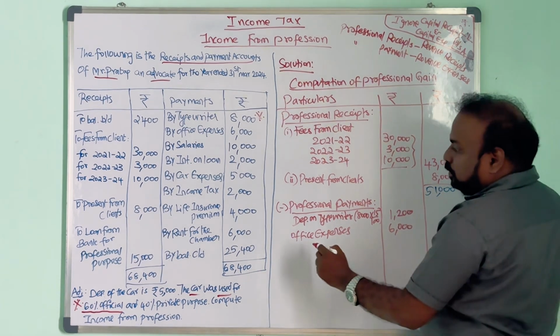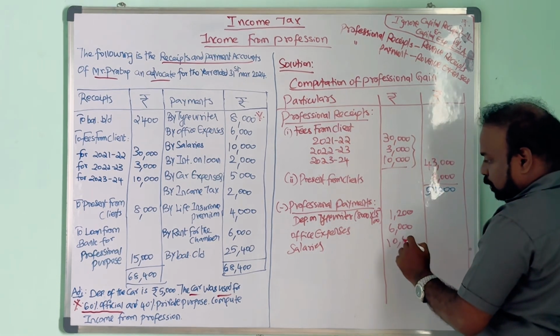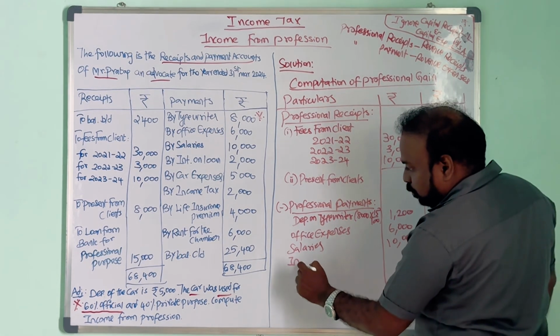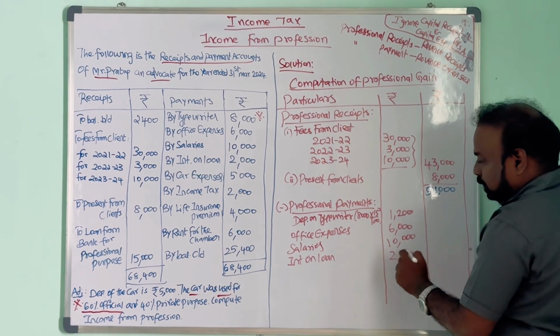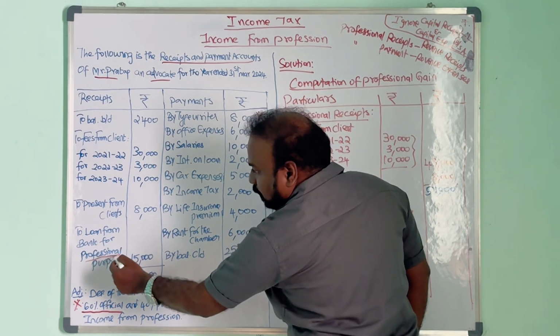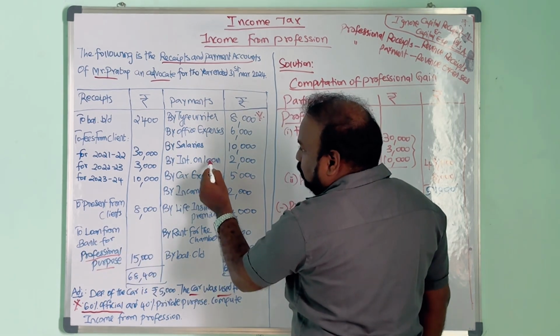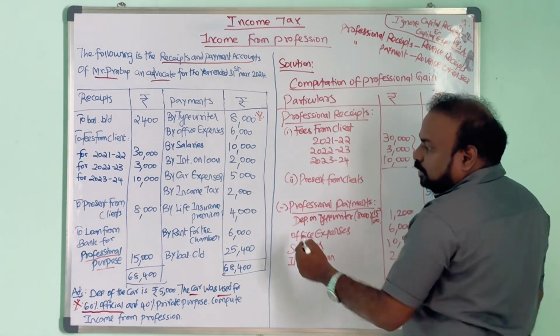Then salaries 10,000, interest on loan 2,000, because the purpose of the loan is given here. We obtained a loan from bank for professional purpose. So, interest on loan is a professional expense. Then car expenses.